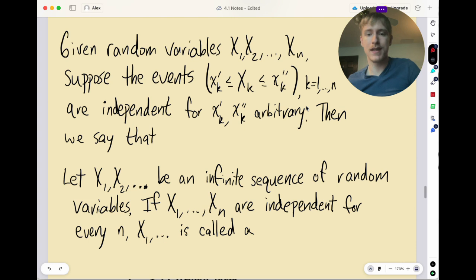In other words, if I say that x1 is between x1 prime and x1 double prime, and those events are independent for any choice of x1 prime and x1 double prime, and if that's true for all random variables x1 through xn, then we can say that the variables x1 through xn are independent.